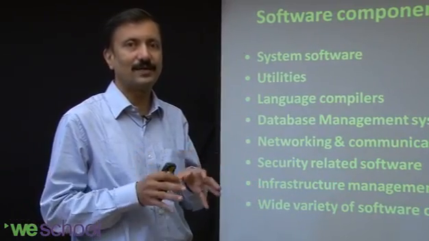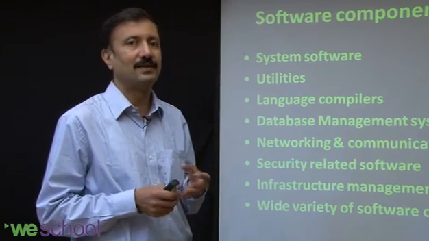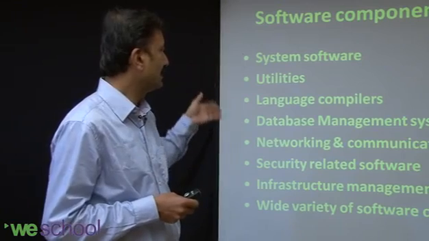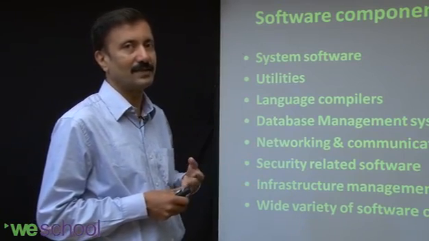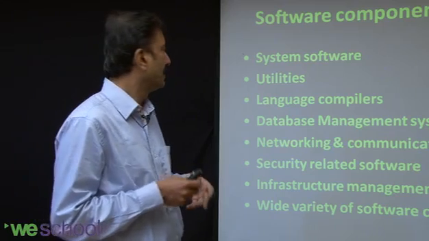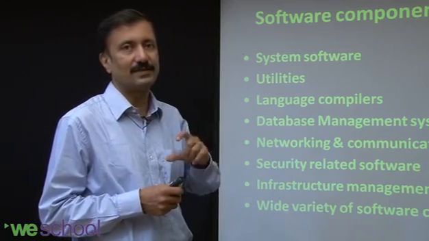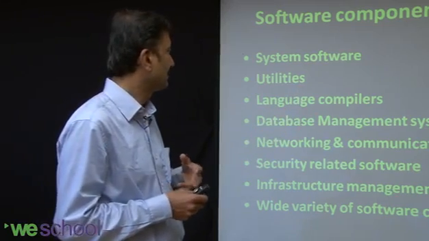So there are programs which enable you to defragment a disk, so clean up the disk, so to speak. Or there can be antivirus software, for example. So a lot of these could be more general purpose utilities which you buy along with the operating system. Or FTP, for example, you would have heard of a software called FTP which enables you to upload data onto a website and such things, or a web server.